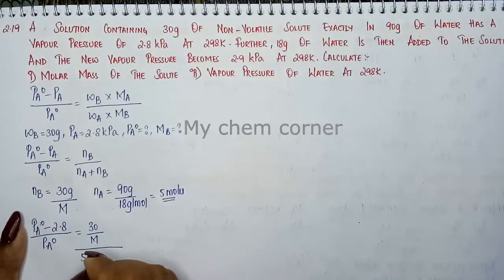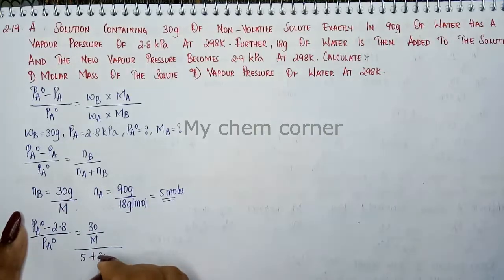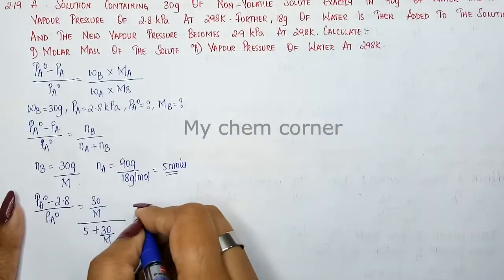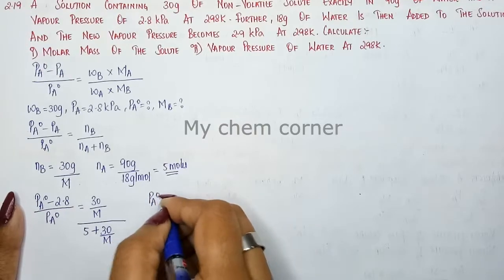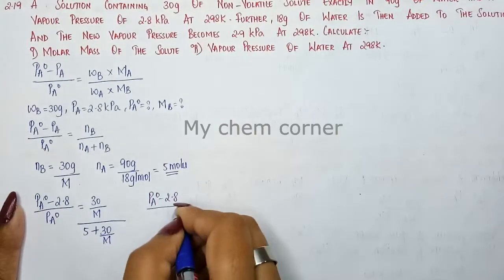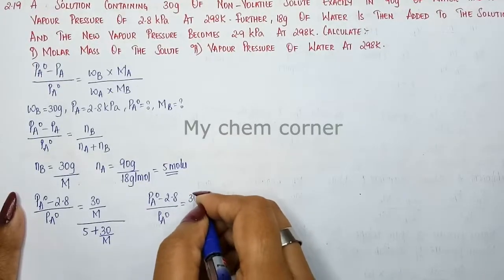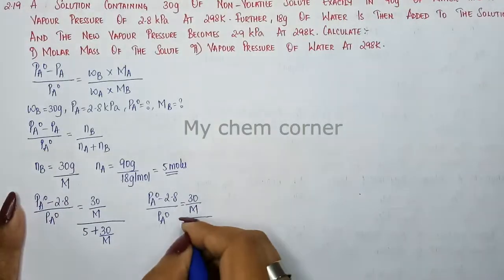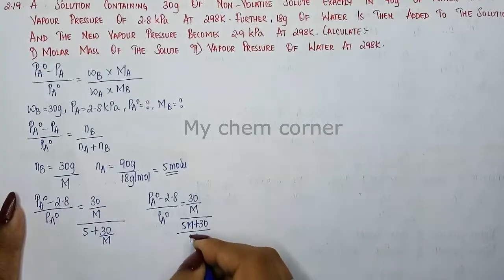So 5 plus NB, which is 30 by M. Let's do LCM in the denominator here. So this is going to be PA naught minus 2.8 by PA naught equals 30 by M. So this, when you take LCM, this will become 5M plus 30 by M.